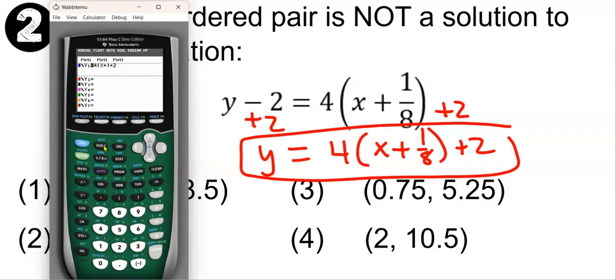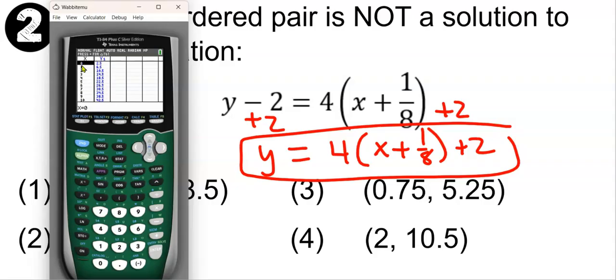If you don't know what 1/8 is, you can simply divide 1 by 8 on your calculator and change it into decimal form. So here, again, I'm going to arrow over, press second delete to insert my 0.125. Now, when I look at my table of points, I have decimal values.